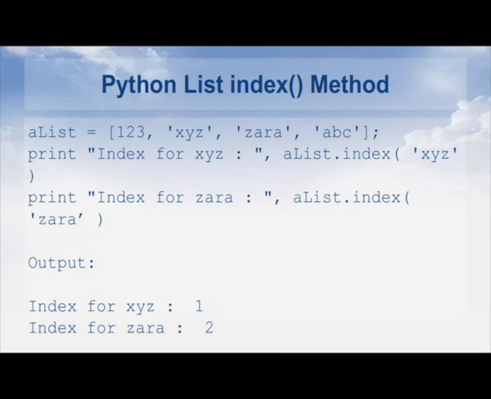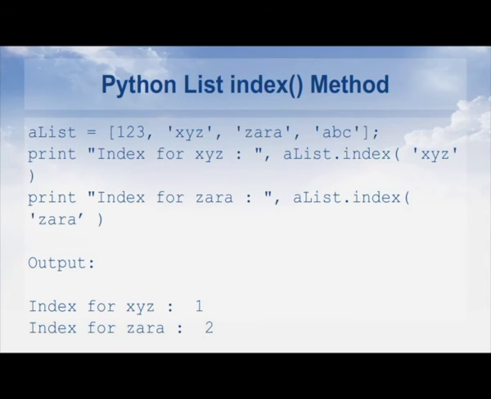Then I want to know at which location in the list XYZ is available. I simply say a list dot index, I pass the item name XYZ, and the answer I get is 1.